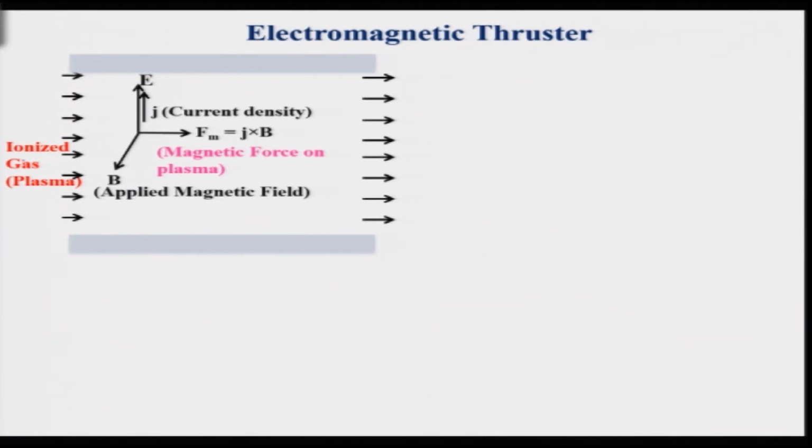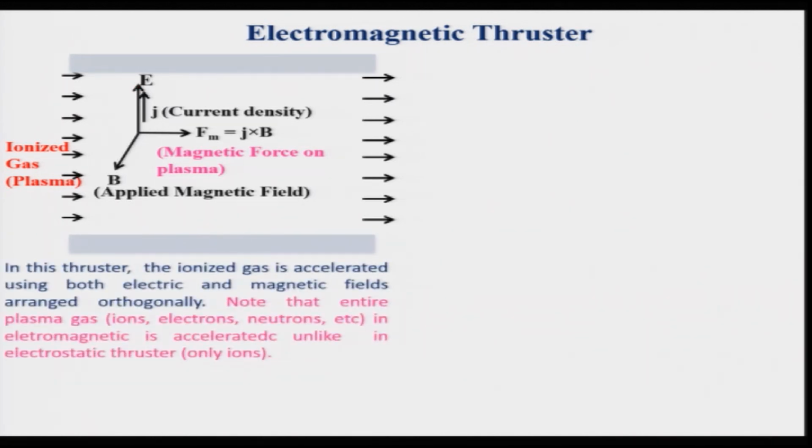When this ionized gas, that is plasma, which contains everything like ions, electrons and neutrals, is passing through this, it is subjected to an electrical field and also a magnetic field.